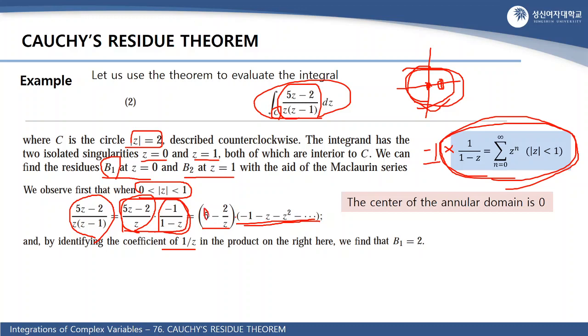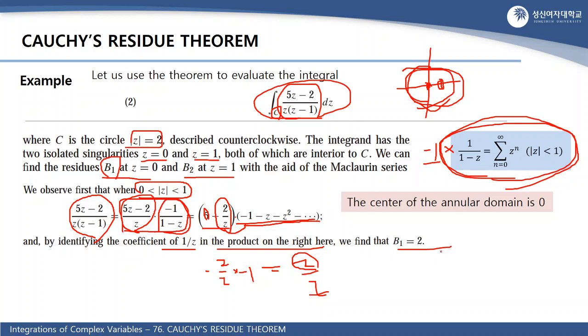For the case of 5, there's no term of 1 over z, but by negative 2 over z, when multiplied by negative 1, we get this 2 over z. So the coefficient of 1 over z is 2 in the product. So we got B1, which is equal to 2.